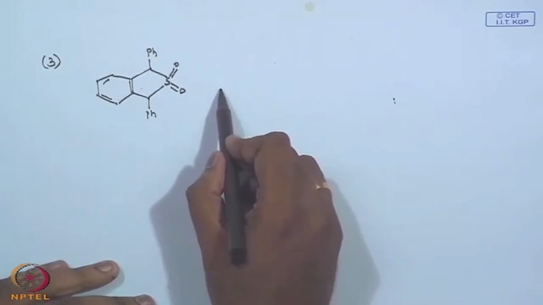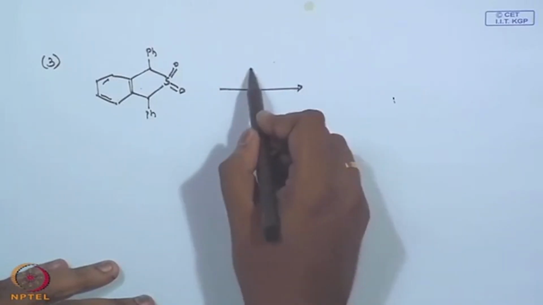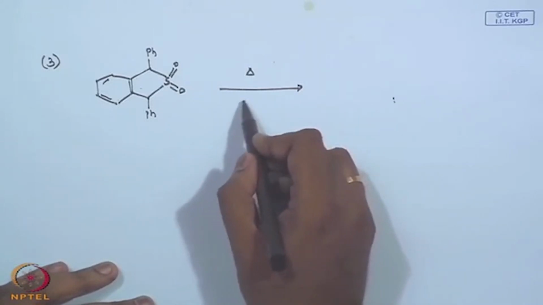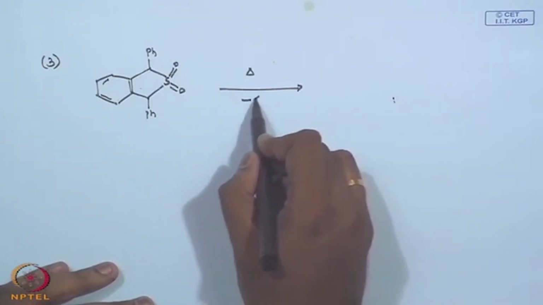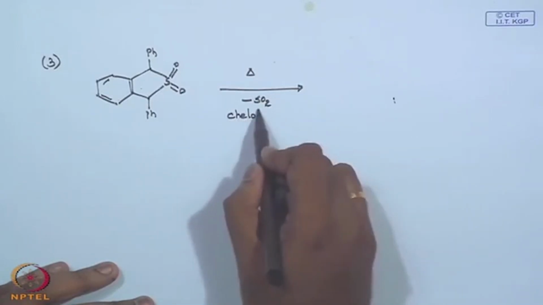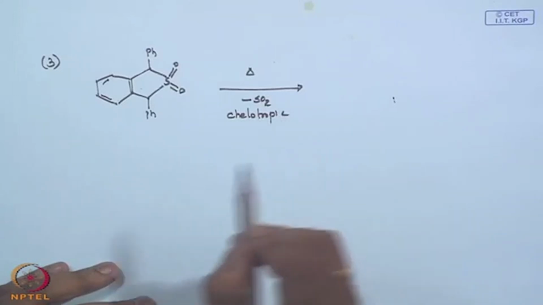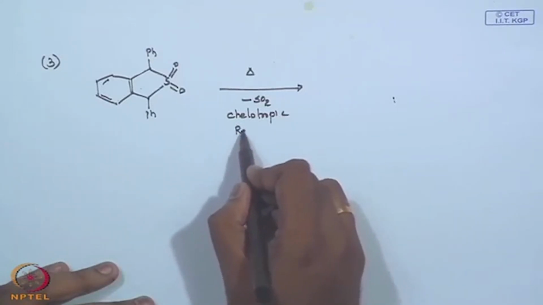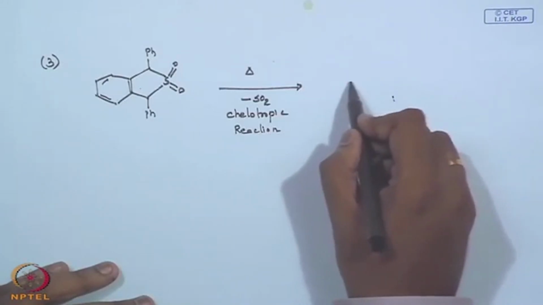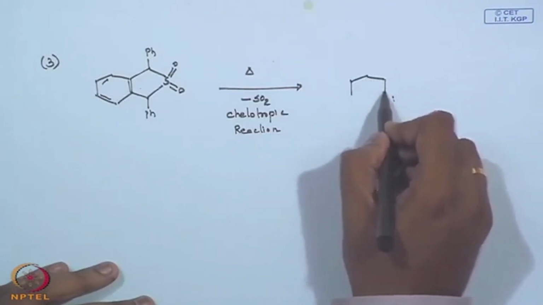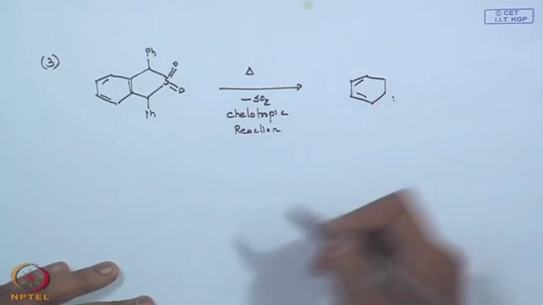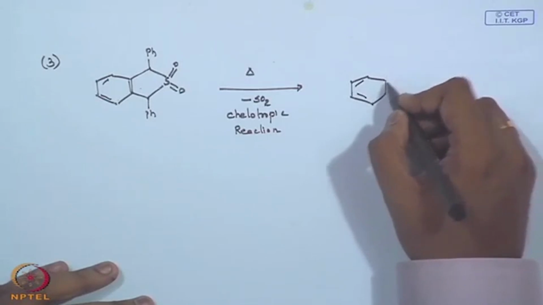Now I say that I lightly heat this substrate. Okay, so you know what will happen. Yes, you have sulfur dioxide eliminating, and you know it is nothing but a nice chelotropic reaction in which sulfur dioxide gets eliminated to give me what product? Just see the product what I get. That will be really interesting.